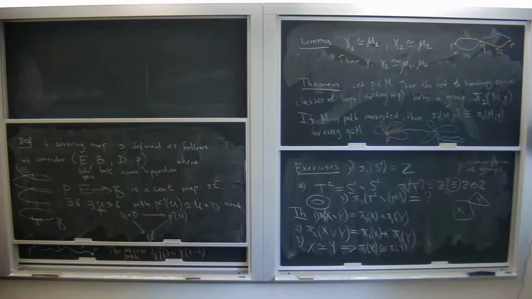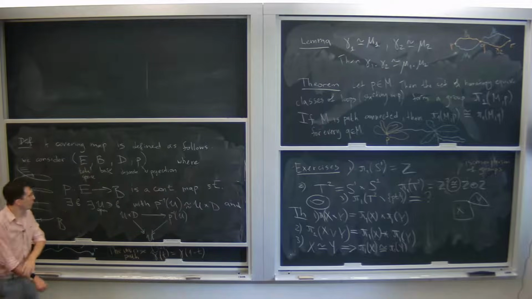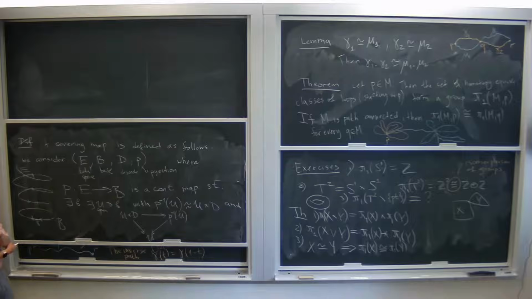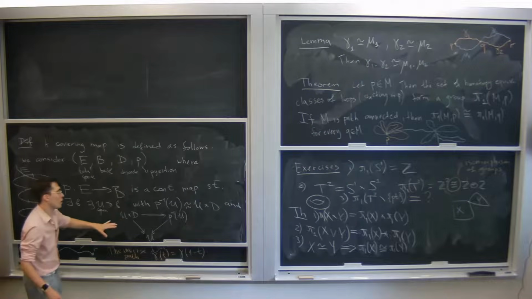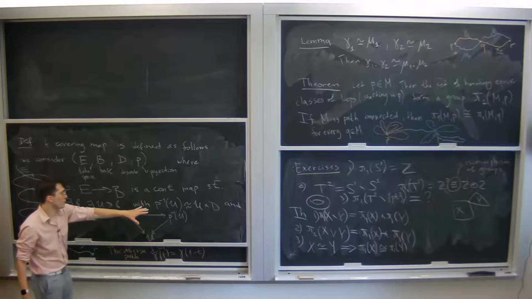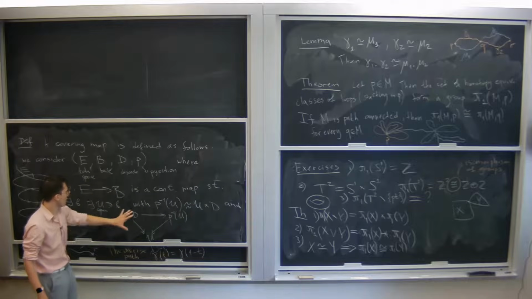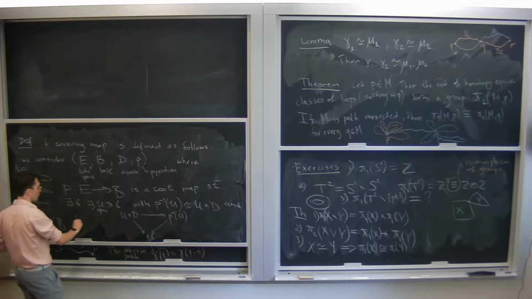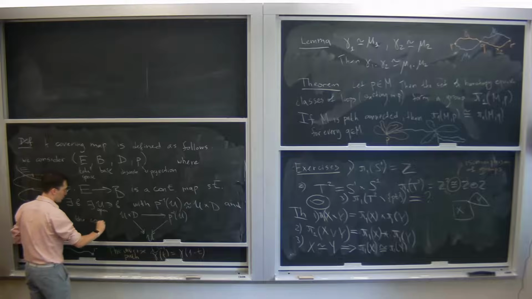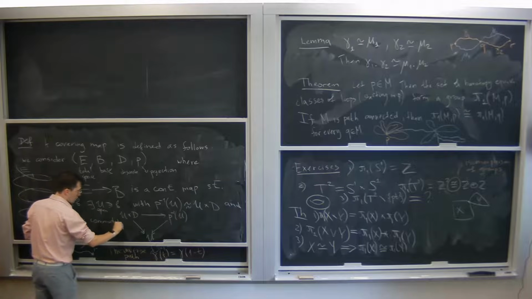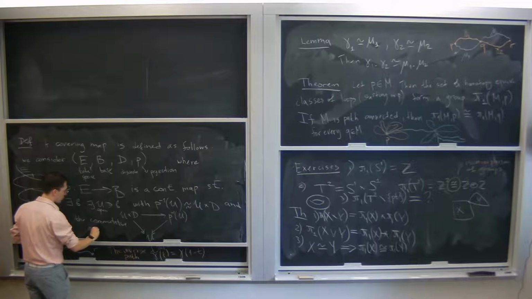More generally, it is the construction of the so-called fiber bundles, where F can be basically any space, and it is called the fiber. But we do not really need fiber bundles, but we need covering maps. So with p inverse of U being homeomorphic to U times D, and the commutative diagram.